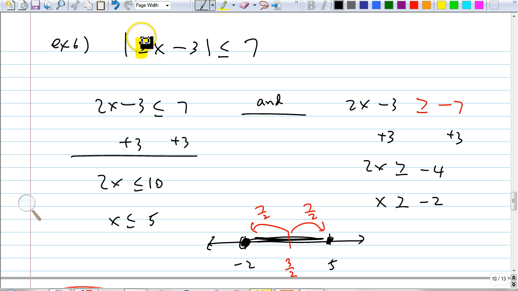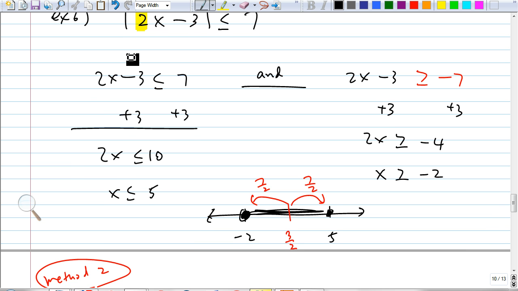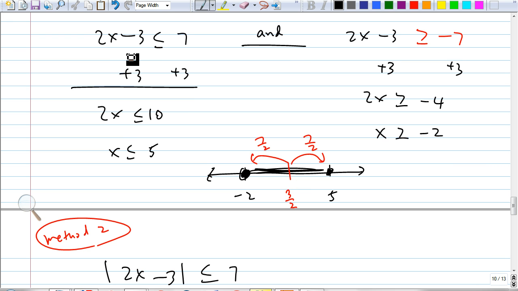So if the coefficient of the x is not 1, it doesn't really work, the center and distance. But watch this. Can I show you another way of doing this? You may like this method better. Here's another way of looking at this. We have exactly the same problem.